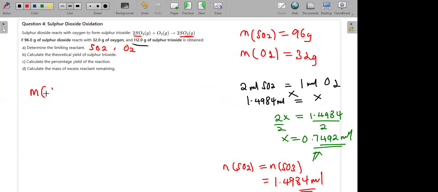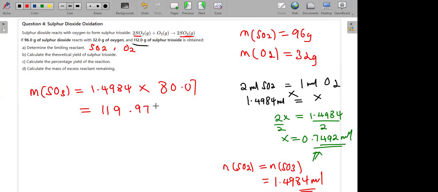The mass of sulfur trioxide is equal to 1.4984 multiplied by the molar mass of sulfur trioxide, which is 32.07 plus 3 multiplied by 16, that is 80.07. Multiplying these, I get 119.976888 grams.